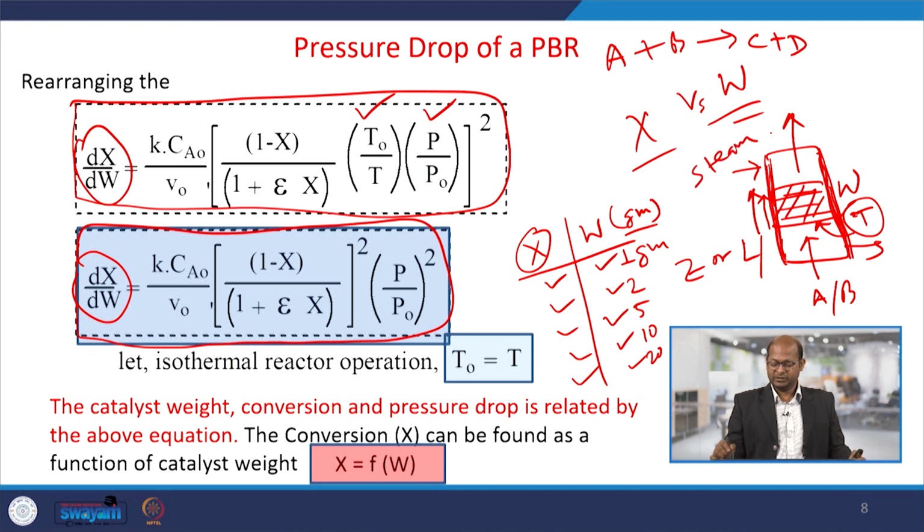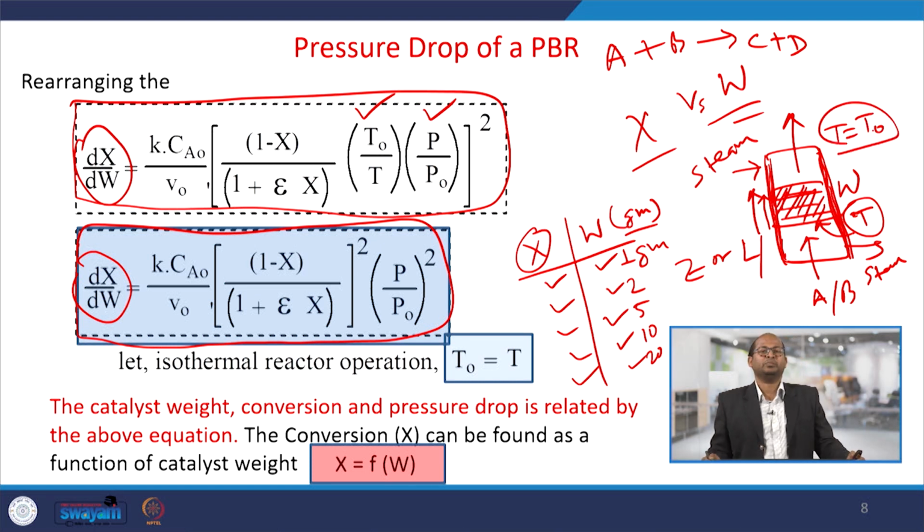Let us say steam would enter and then leave, and by that way we can maintain isothermal temperature throughout the bed. So, we are assuming that T equals T naught, meaning there is no change of temperature throughout the bed.